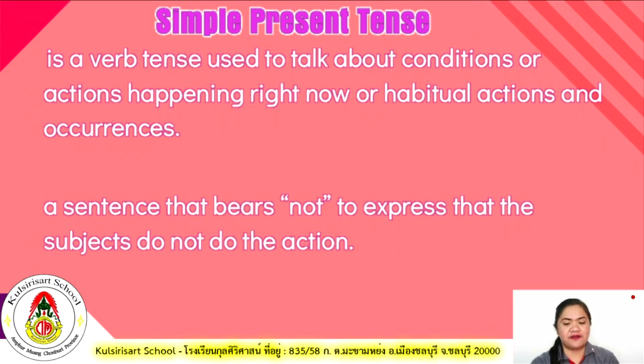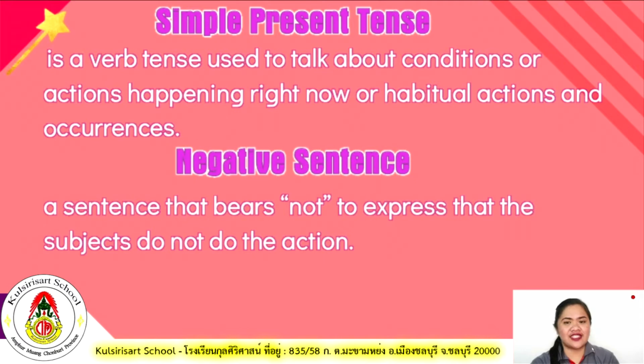And it says here that a simple present tense is a verb tense used to talk about conditions or actions happening right now or habitual actions and occurrences. Again, can you read it louder for me, please? Or habitual actions and occurrences. That's good.